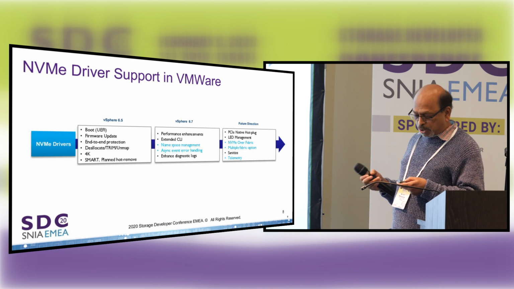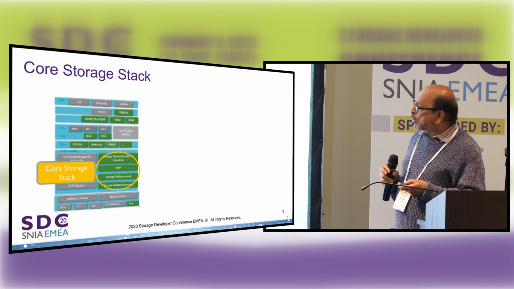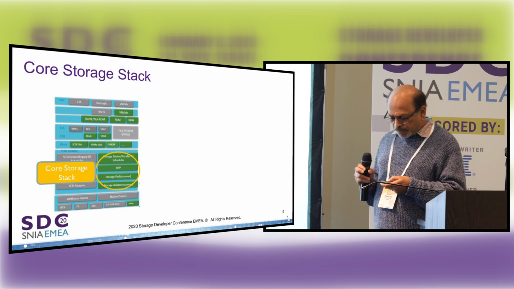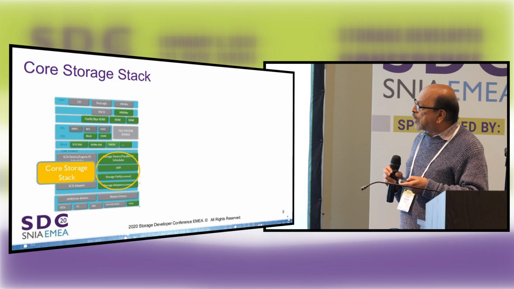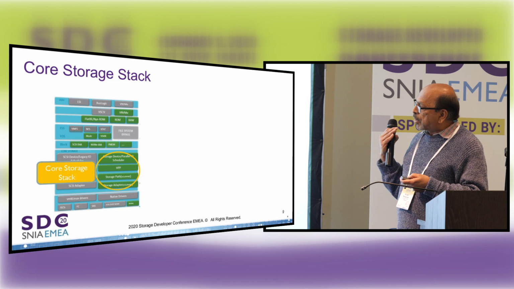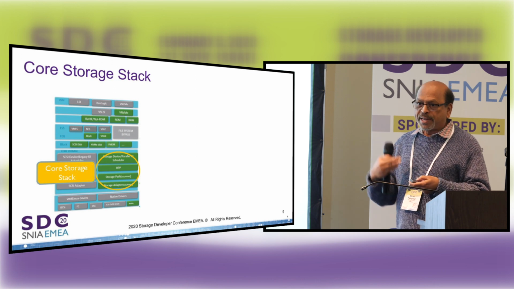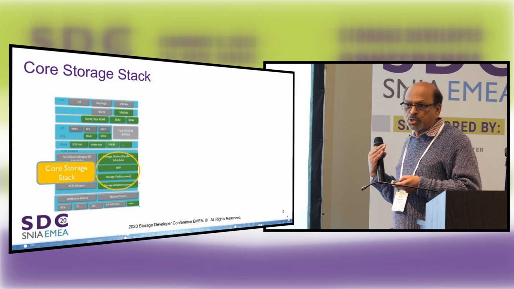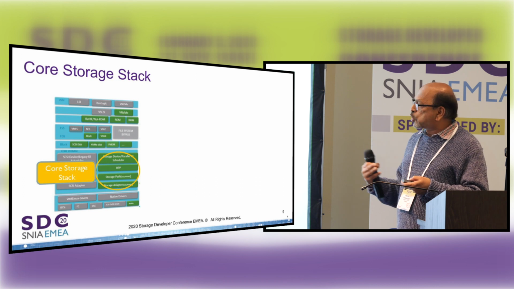The idea is not to spend too much time on the driver itself, but I want to spend a little time on the core storage. This is a place in our stack where we actually support multipathing. What we did in the previous architectures is we allowed vendors to have plugins that are very specific to their arrays, for example. This is for the shared VMDK storage.